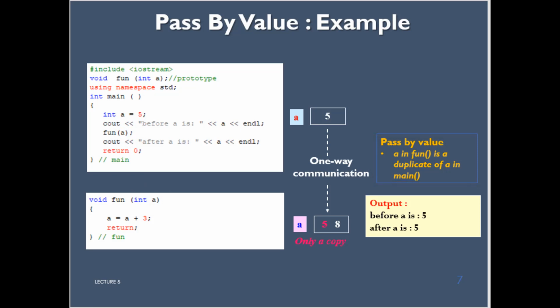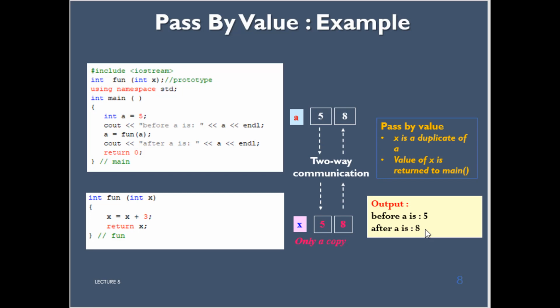So how do we make the changes in function definition affect the actual arguments in the function call? One way is that we can return back the value of x in the function definition. So if we look at function find now, it is no longer a void function, but it returns something. It returns an integer value.